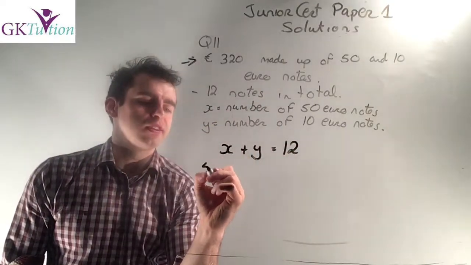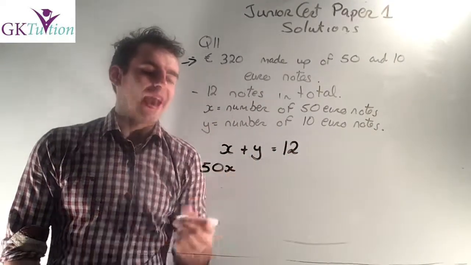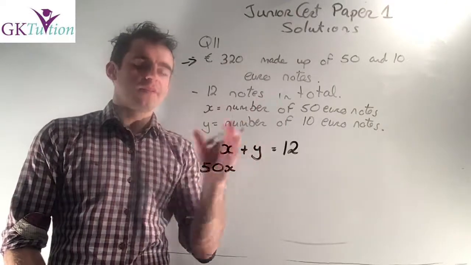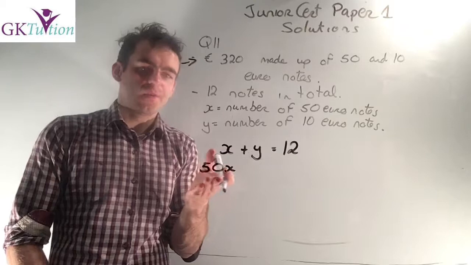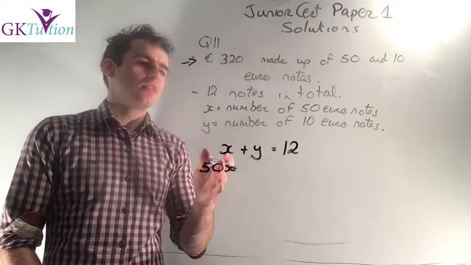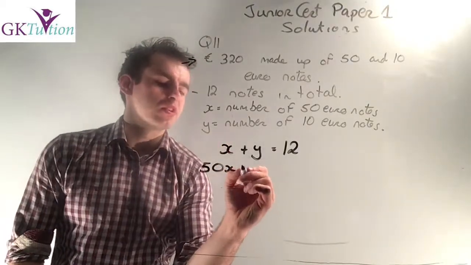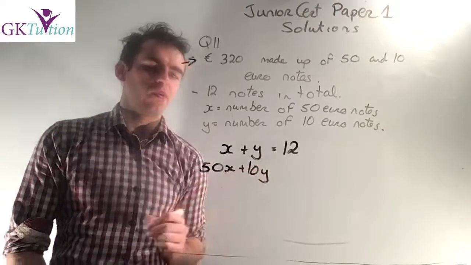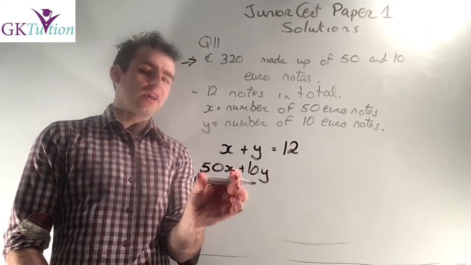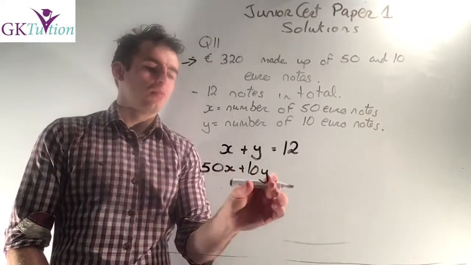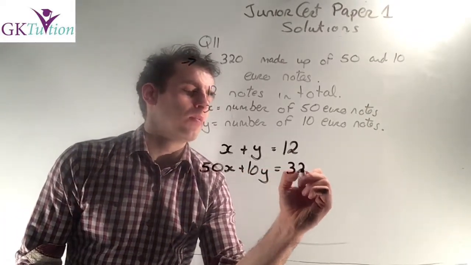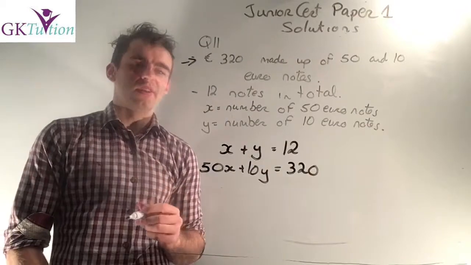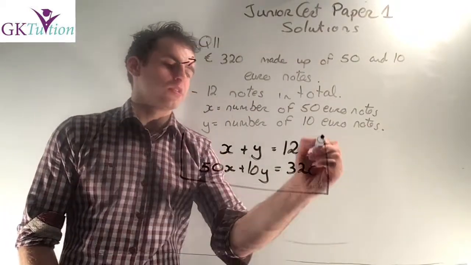So you need to realize that 50 multiplied by x, where x is the number of €50 notes, tells me the value of my €50 notes. The value of my €10 notes is 10 multiplied by y. So if I add up the value of my €50 notes plus the value of my €10 notes, that will add up to the total value of the money, which is €320. So that's your second equation.